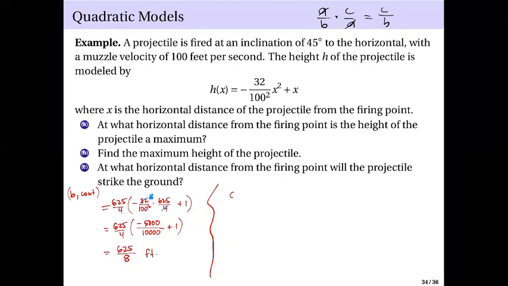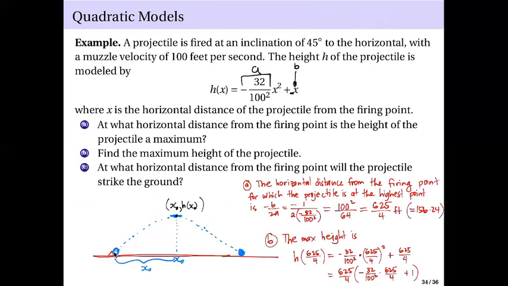And then for letter C, at what horizontal distance from the firing point will the projectile strike the ground? If we go back to our illustration, from here it will rise and then fall, and eventually the projectile will reach the ground.